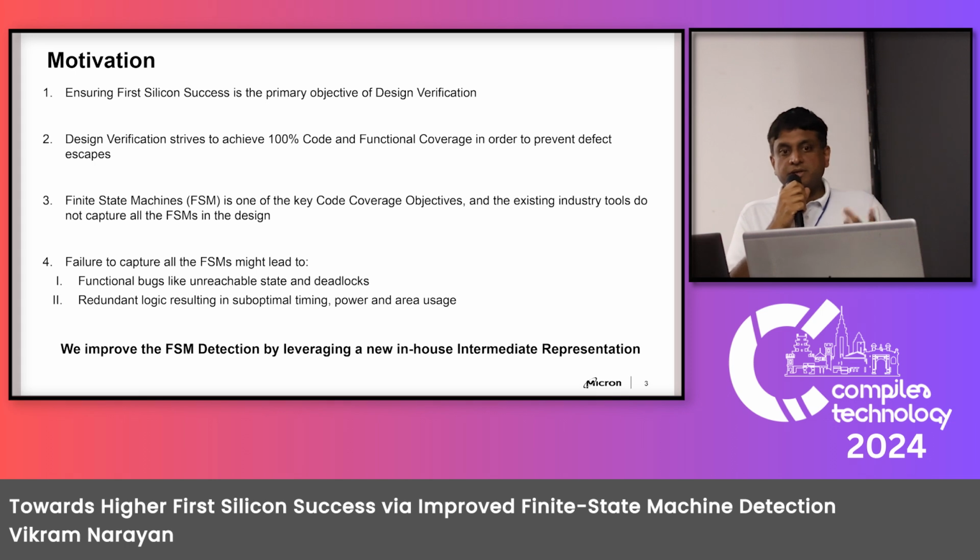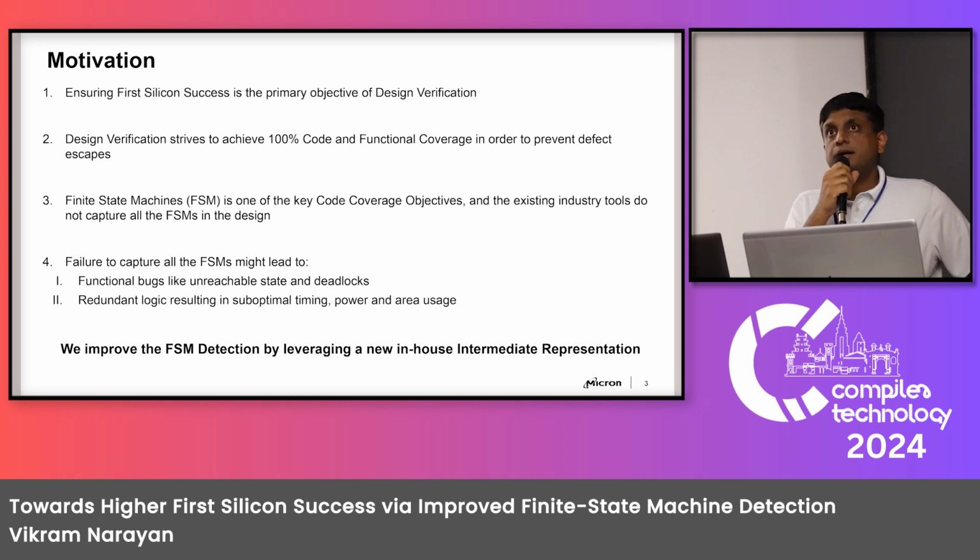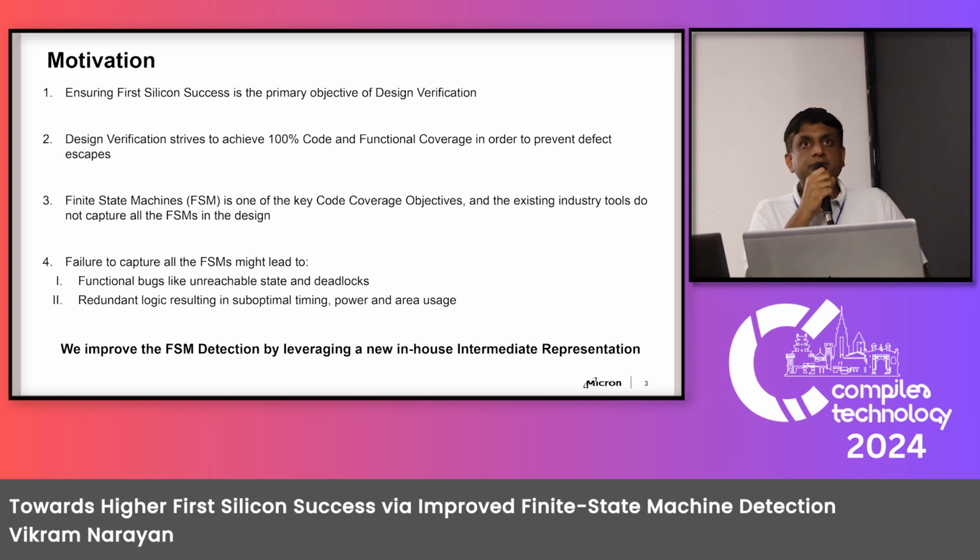Enabling first silicon success is the goal of all of the design verification when it comes to certifying and qualifying ASIC products. It has two things. One is getting 100% structural code coverage, and the second is identifying whether the device is actually functional, that is, meeting 100% functional coverage.